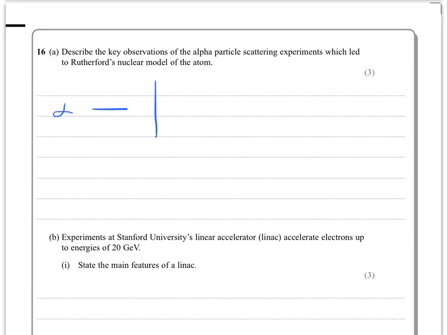You've got your alpha particles, they come at it, most of them go straight through, a tiny amount of them are deflected a little bit, and a very tiny amount of them are deflected by very large angles, and that tells us that it's a positive object in there, and the rarity of the collision that brings it through a 180-degree turnabout tells us that the object in there that can cause that is very tiny compared to the space occupied overall.